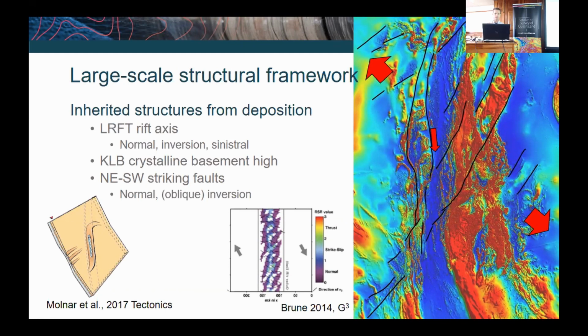The way I see these large structures that I really recognise here is that you've got the Kalkadoon-Leichhardt crystalline basement, this dark blue belt running through the middle, and you've got the Leichhardt River fault trough to the west of that. This is a rifting axis, during the Leichhardt super basin, and so those bounding structures are rift margin type things.